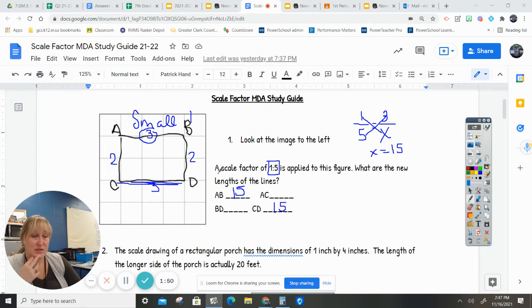Okay, so now we have to figure out this one. It still has the same scale factor, so I'm going to put 1 over 5. I'm going to remember that 2 is my original, it's the little one, and the 5 is the bigger one, the unknown. I'm going to cross multiply. 1 times x is 1x. 5 times 2 is 10.